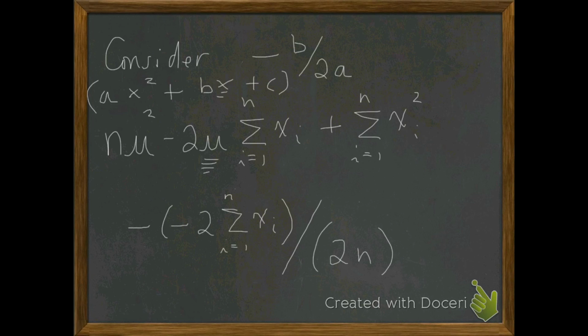So a little trickery here. Negative negative gives us a positive. Our 2's cancel out. So guys, what we end up getting is the sum from i equal 1 to n x sub i over n.